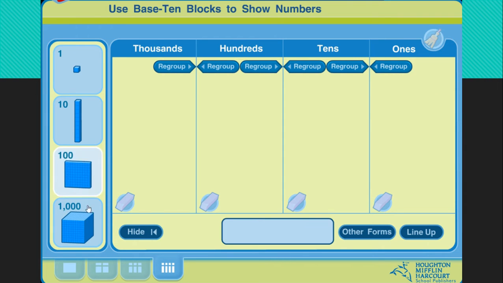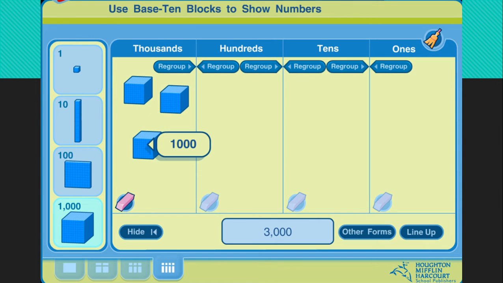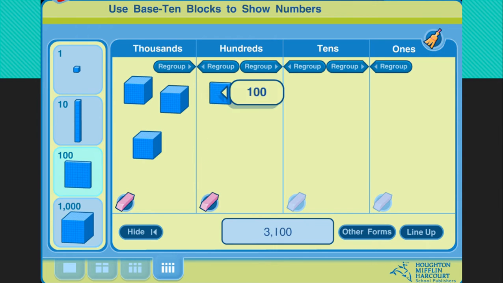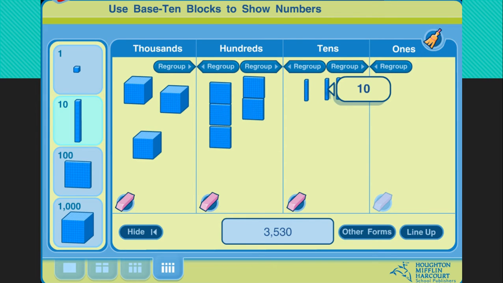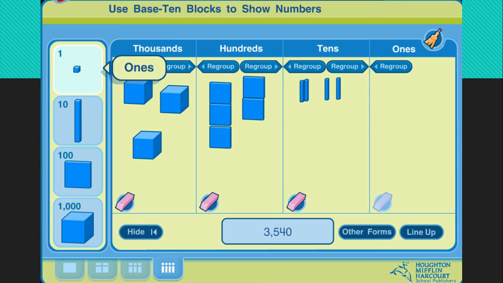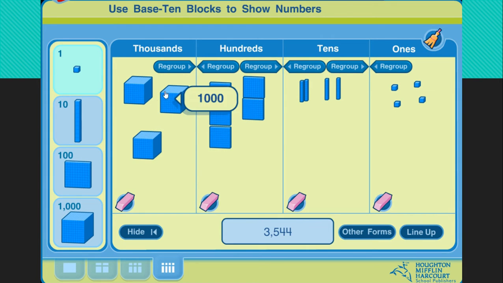Now we're going to do one last one, which is 3,500. I just want to regroup these thousands. Now, how many hundreds are in a thousand? Good.